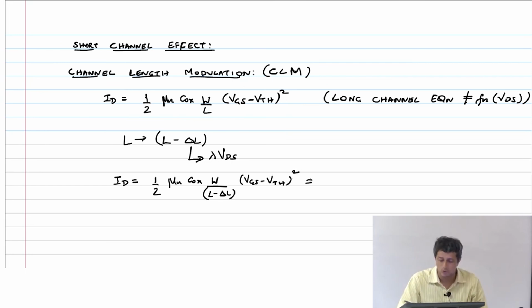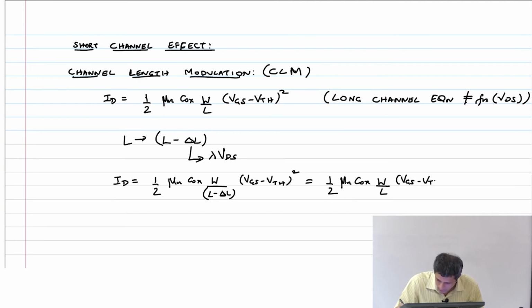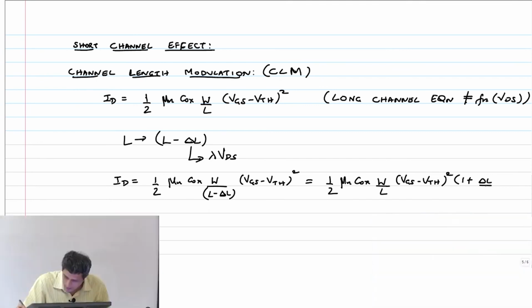Okay, so I will do binomial approximation on the denominator. Remove L out. 1 by 1 minus delta L by L, I will write it as 1 plus delta L by L. Right. So this will become half mu n Cox W by L into VGS minus VTH, the whole squared, into 1 plus delta L by L.